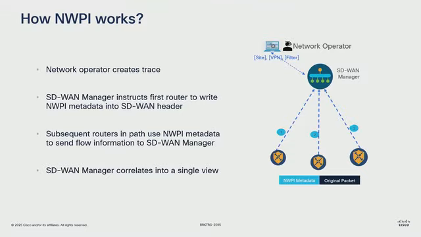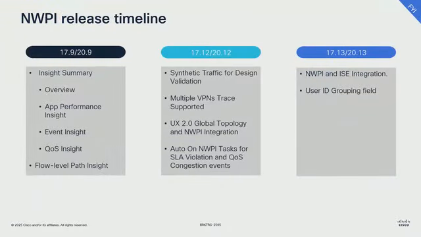SD-WAN Manager will do all the collation and correlation between these traces for you, and show it to you in one single slide what exactly is happening. It will answer all your W-related questions. We'll come to that.